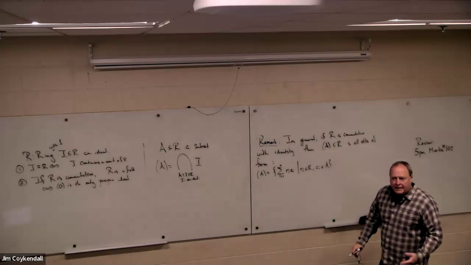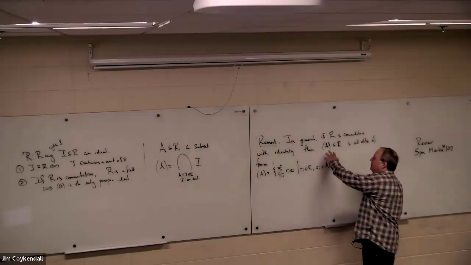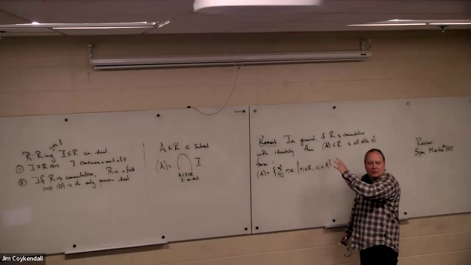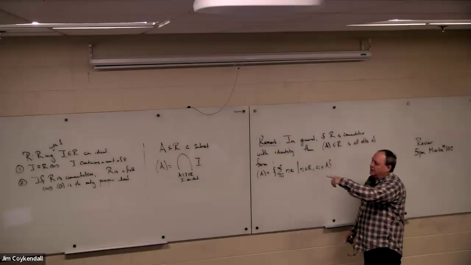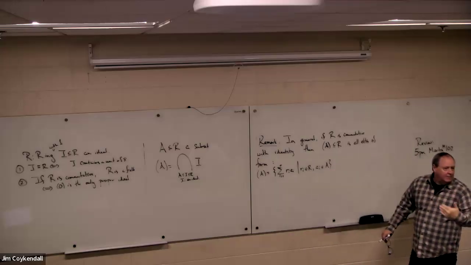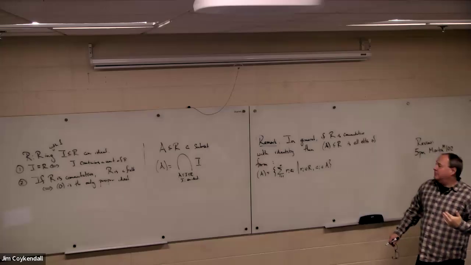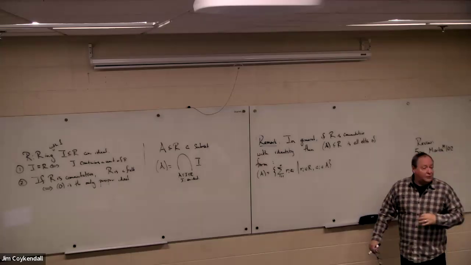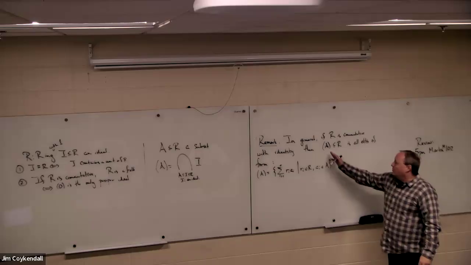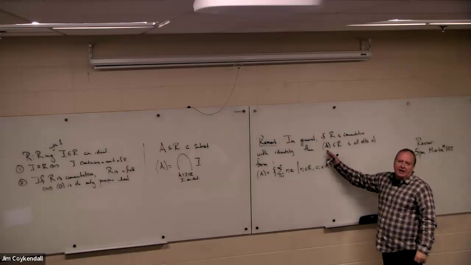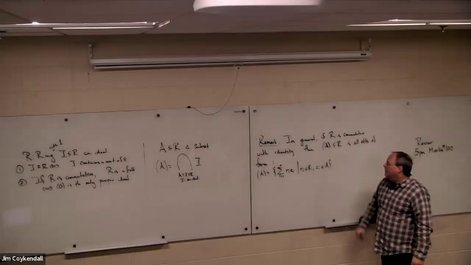Well, there's the workaday kind of thing. If I just give you this random set, and here I'm going to assume that it's not the empty set, because we already talked about the fact that the ideal generated by the empty set is just the zero ideal. But for the purposes here we're going to assume that A actually has some stuff in it.